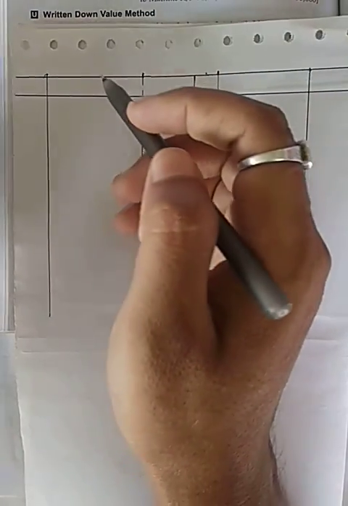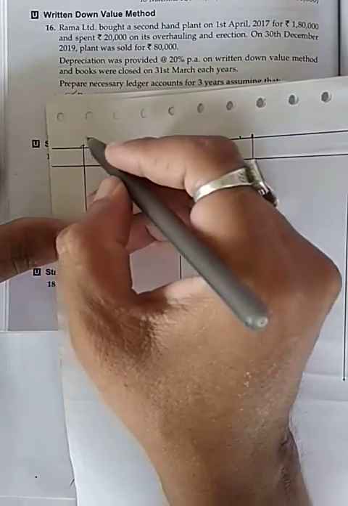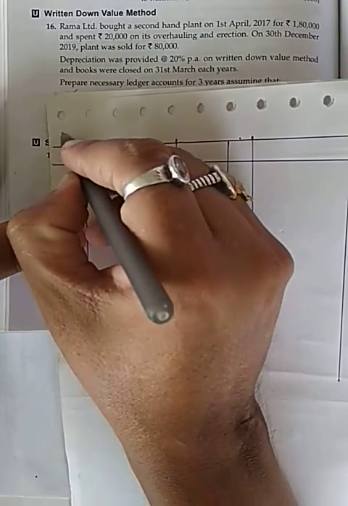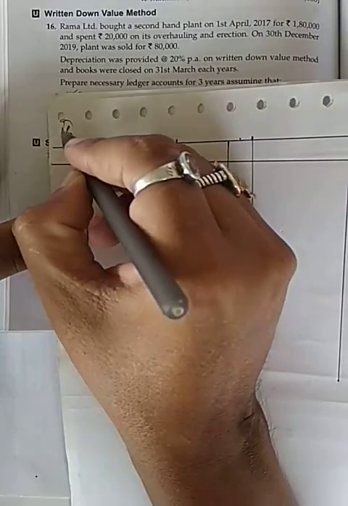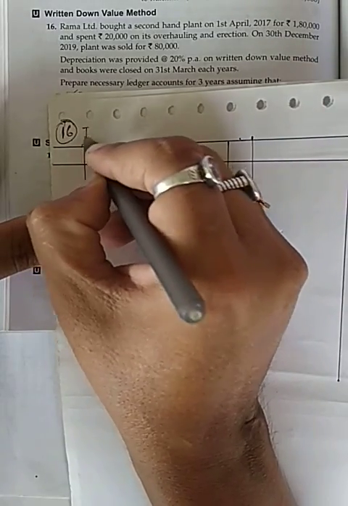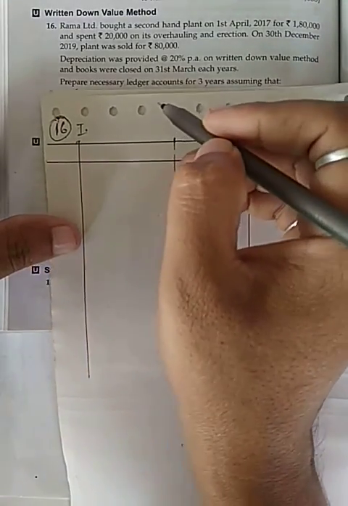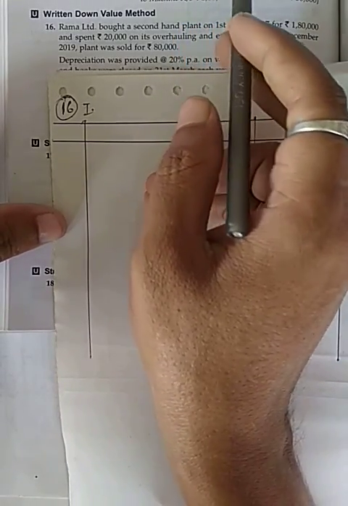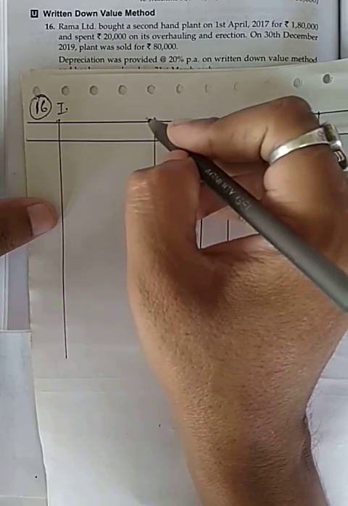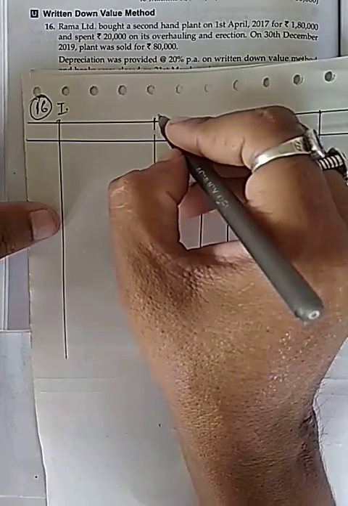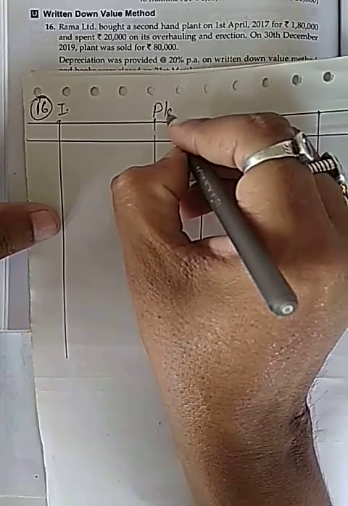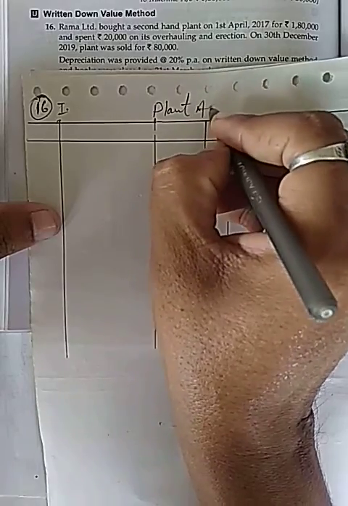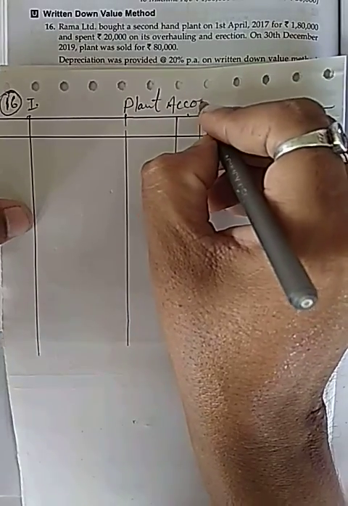This is our format of question number 716. Case first: when provision for depreciation account is not maintained, we will prepare the plant account only. Plant account.